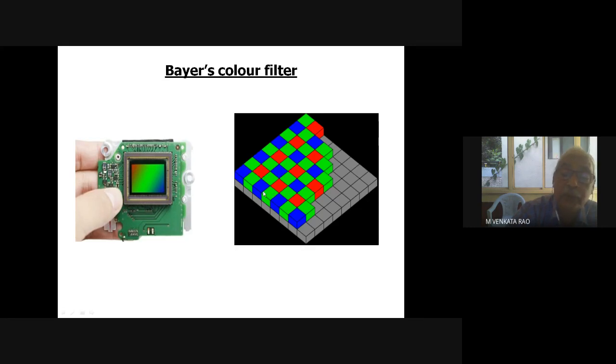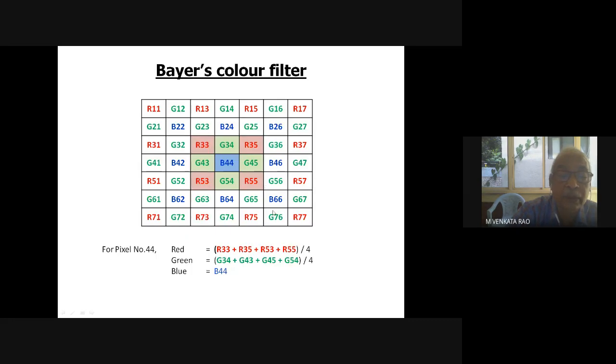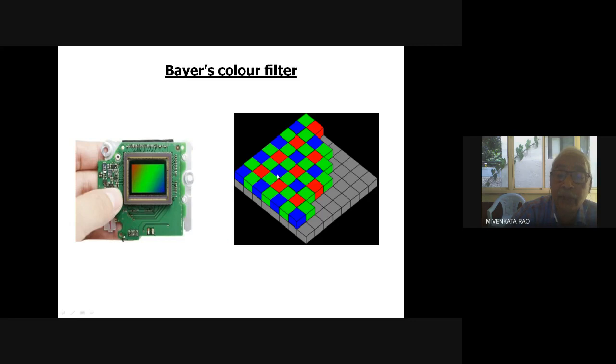But to get color for each pixel, they apply an algorithm. For example, you see here a blue pixel is surrounded by 4 green pixels and 4 red pixels.